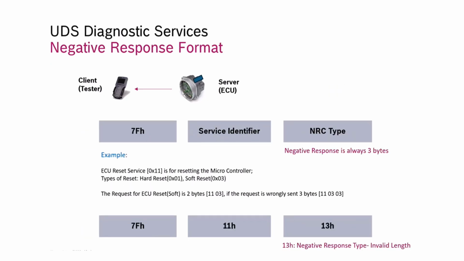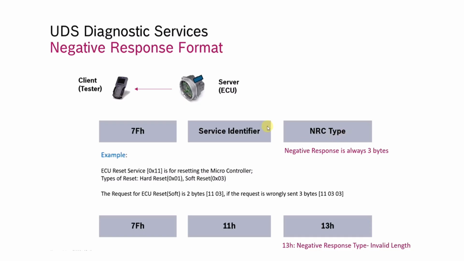Next, we have the negative response format. The negative response format is very important. We have to get to know why a negative response was thrown by the ECU and what the main reasons were. So if we see here, the negative response format starts with 7F, followed by the service identifier, followed by the NRC type.